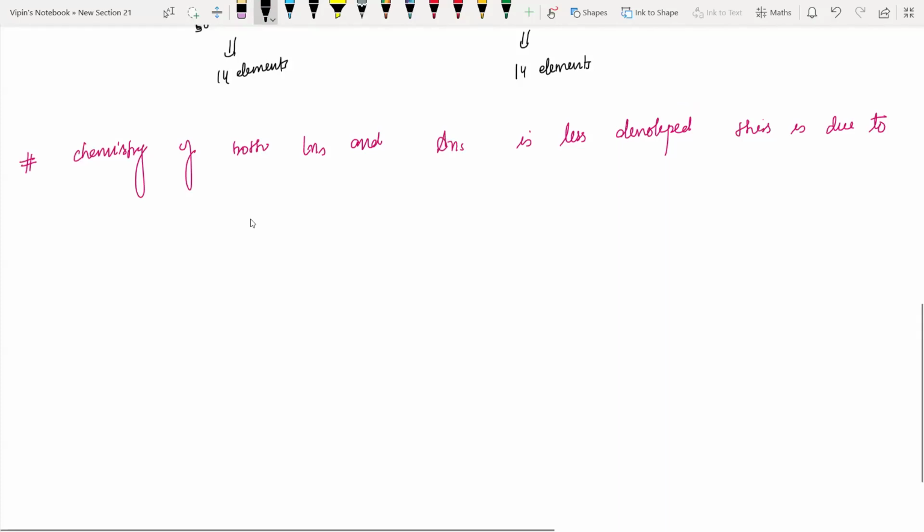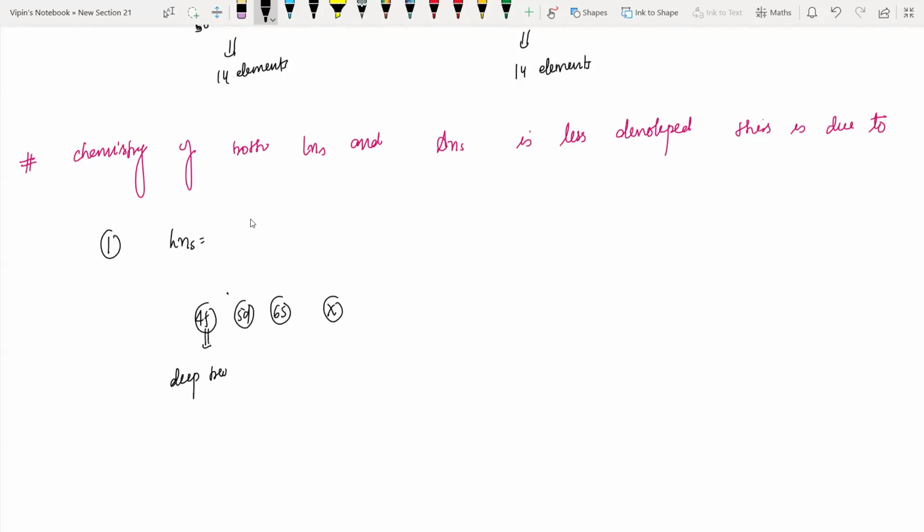First, in case of lanthanoids, we have the 4f subshell, then the 5d subshell, then the 6s subshell. Then here is X. X is the interacting species or ligand. This 4f subshell is present very deep. We can say it has a deep buried nature, right? In case of lanthanoids, it has a deep buried nature.